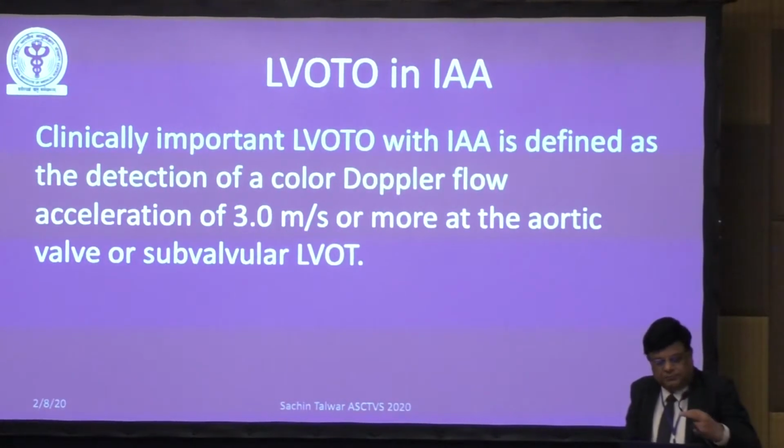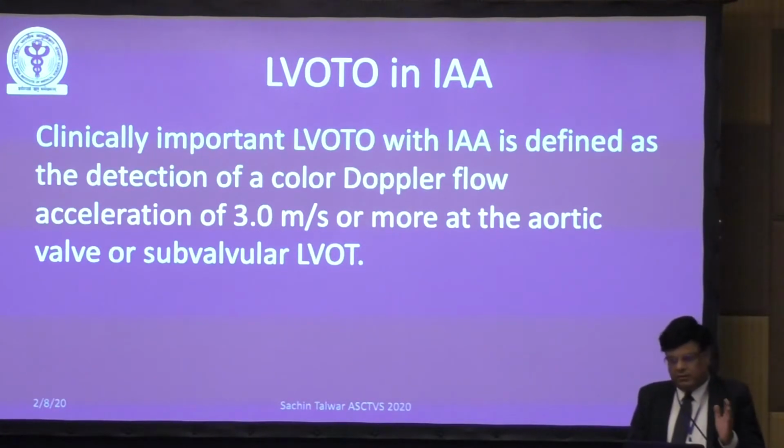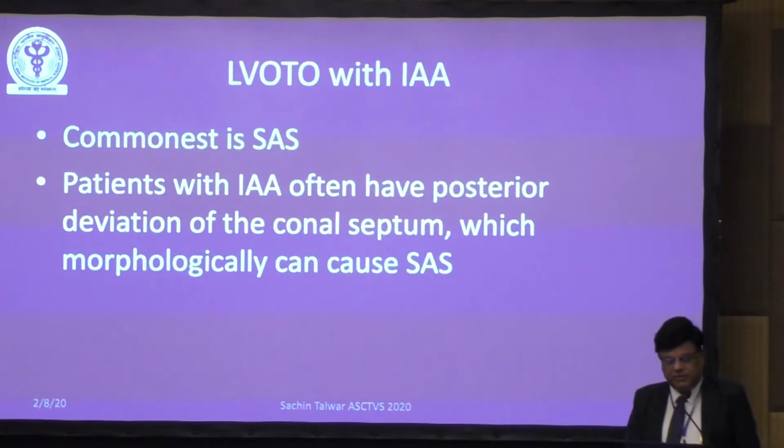Clinically important LVOTO, whether at the valvular or the subaortic level, with a Doppler acceleration of 3 meters per second or more will render this LVOTO significant, and that will require some form of intervention. In interrupted arch, the commonest type of LVOT obstruction is subaortic stenosis.